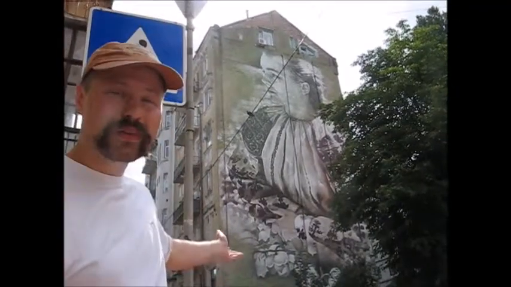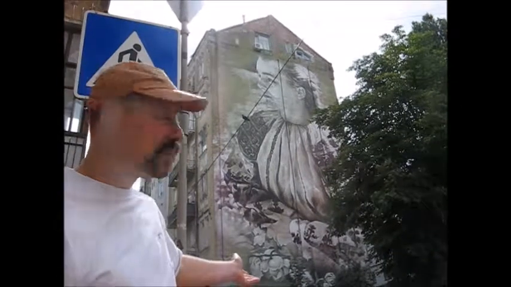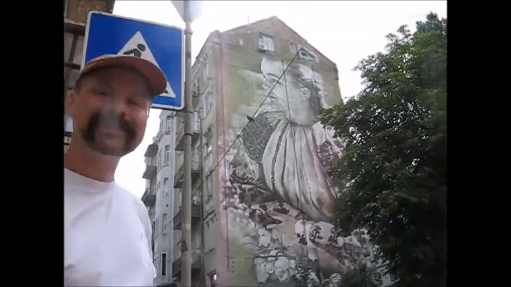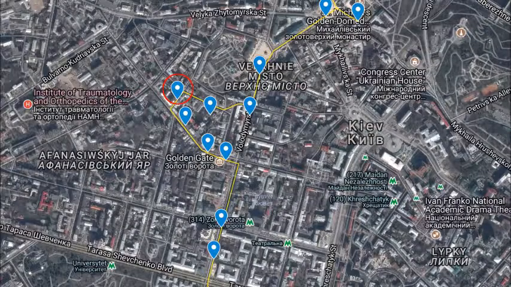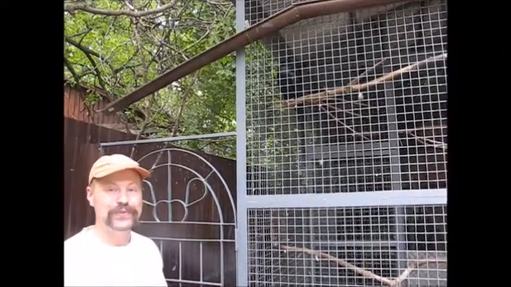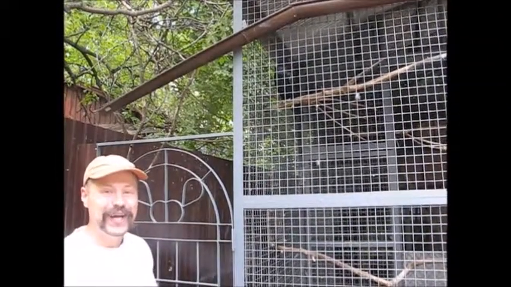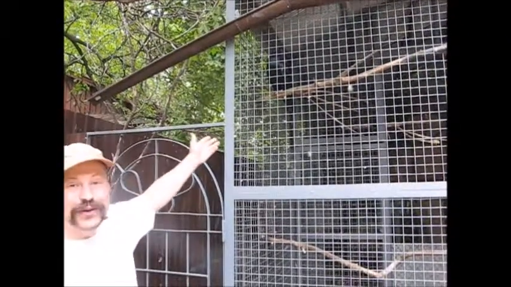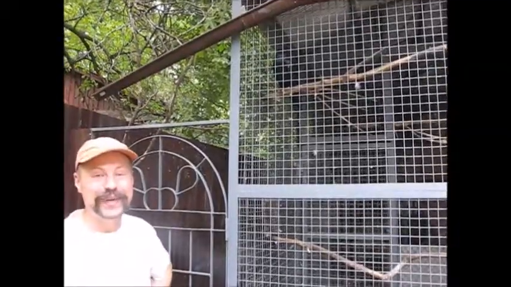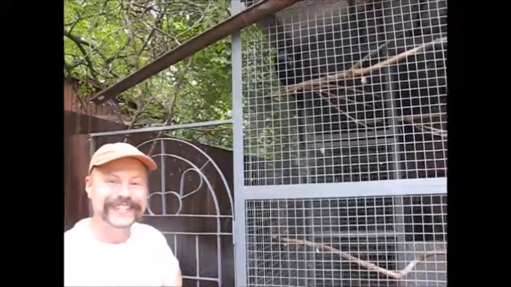One of the peculiarities of modern Kyiv is a lot of beautiful mural paintings. In one of the yards of the houses of Reitarska Street, you can meet wonderful huge ravens who live there all the time, and this is open to visit.